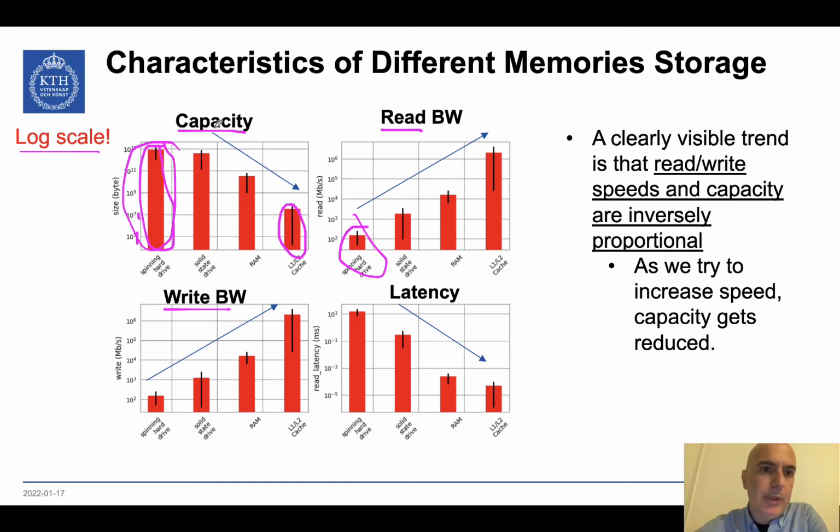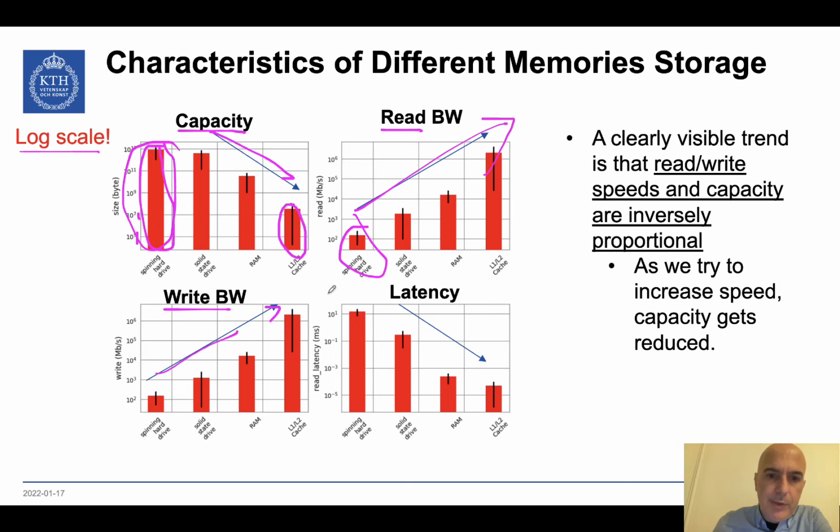That means when the capacity goes down, the bandwidth goes up, both for read and write operations. That basically means that as we try to increase the speed, the capacity is reduced. Small memories are very fast, big memories are quite slow.